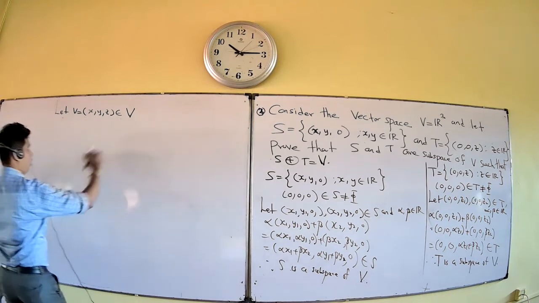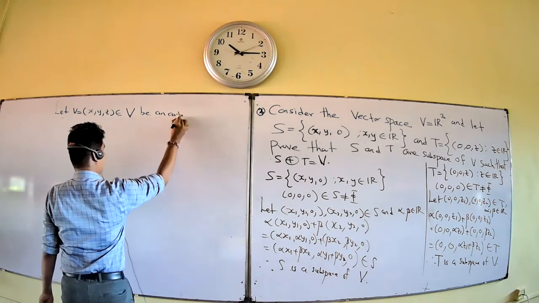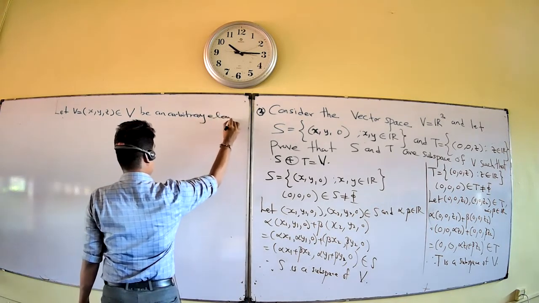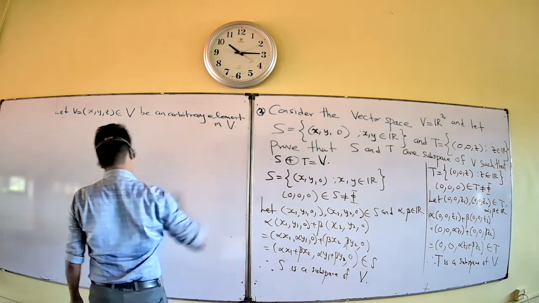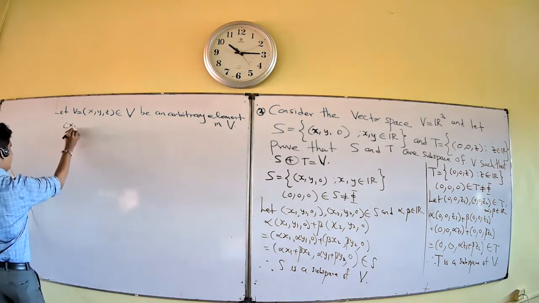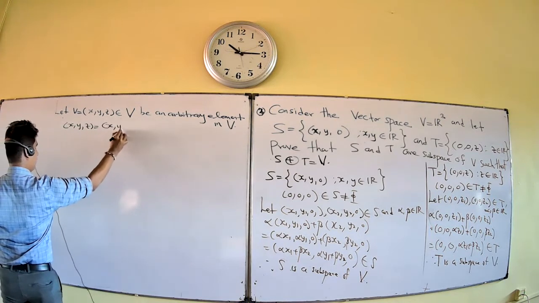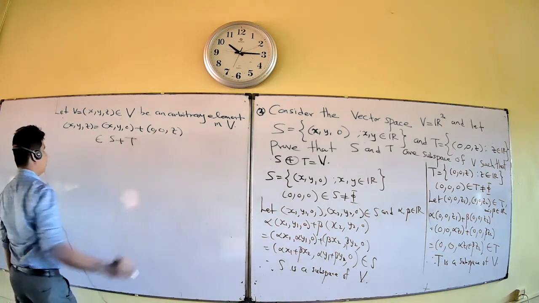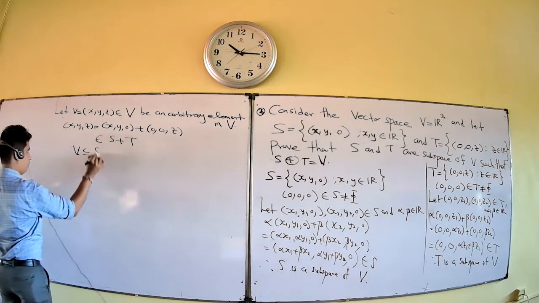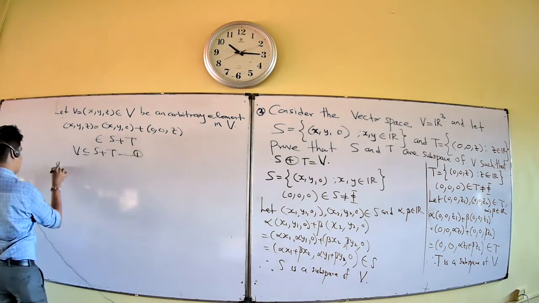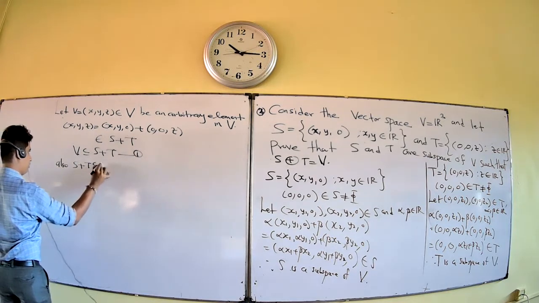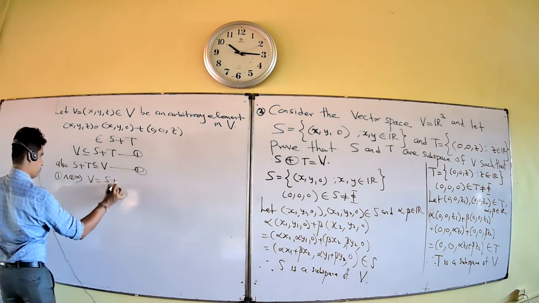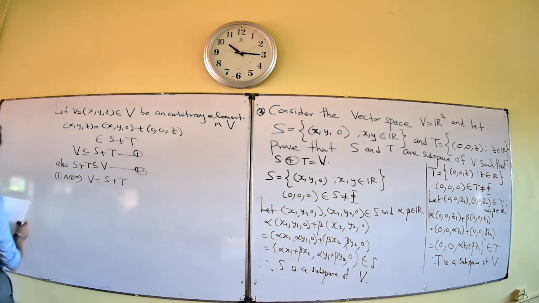So be an arbitrary element in B. So you can write this (x, y, z) of the form (x, y, 0) plus (0, 0, z). This belongs to S, this belongs to T. So B is a subset of S plus T. Obviously also S plus T is a subset of B. So 1 and 2 imply B equals S plus T. Okay. B equals S plus T.